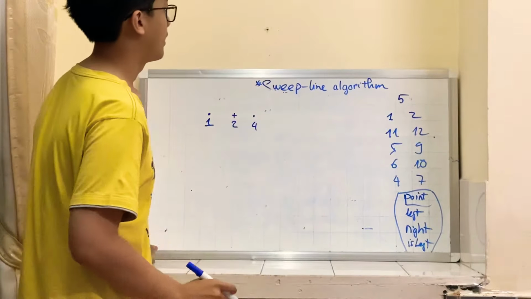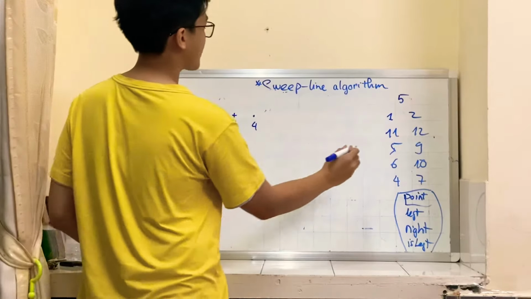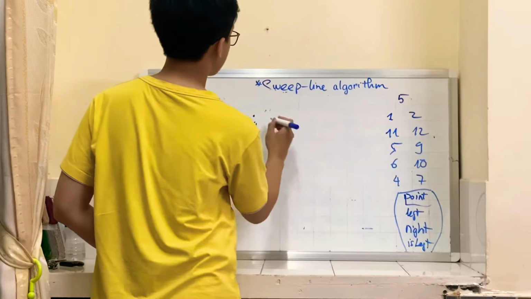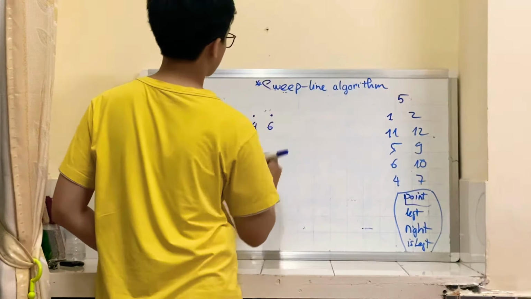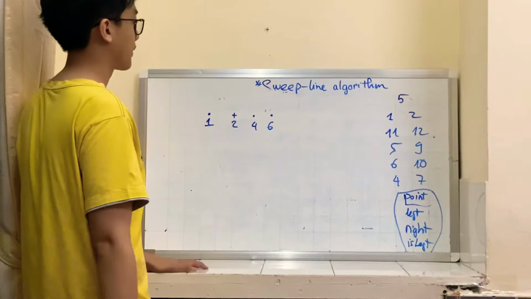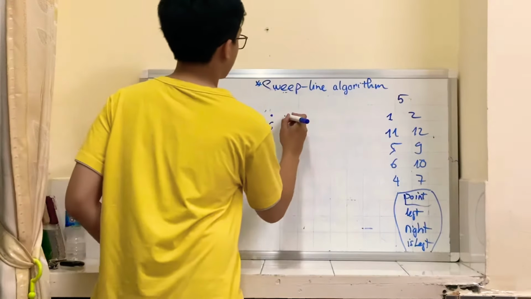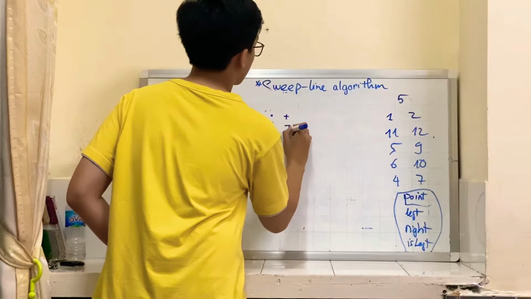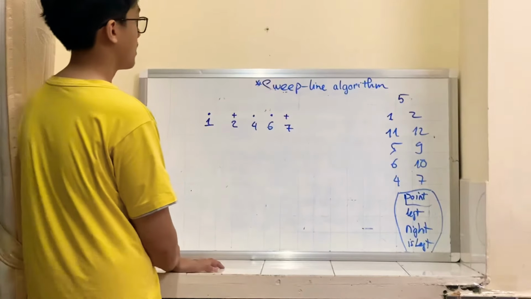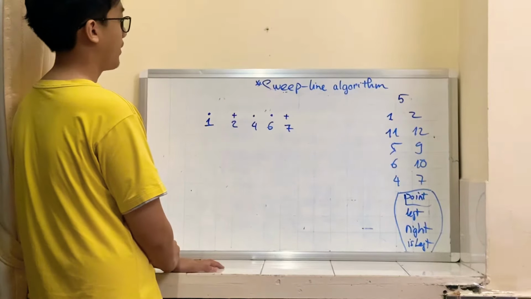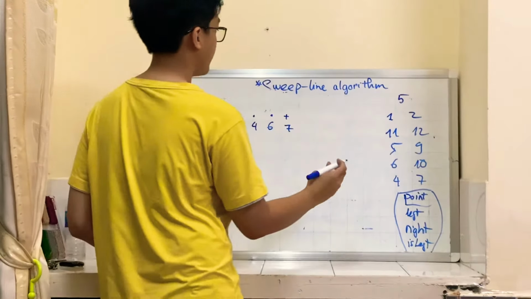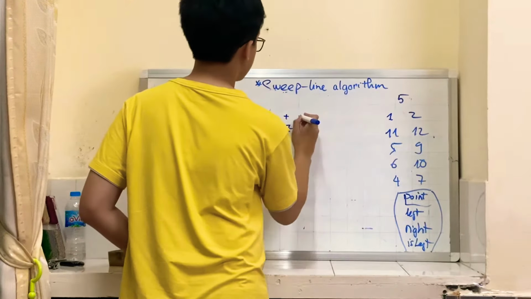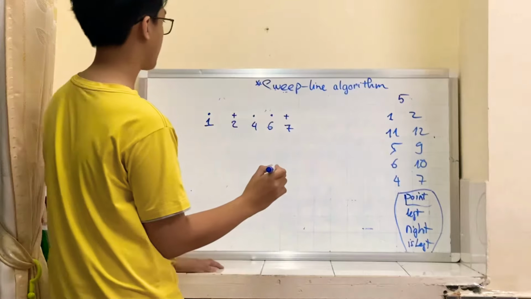And the next one will be 6, because 6 is the starting point. So here 6. Next is 7. Next is 9, and 9 is the end point. Wait, where's 5?